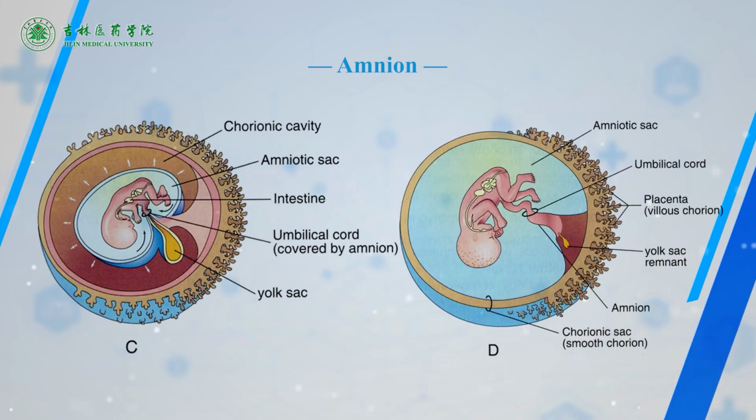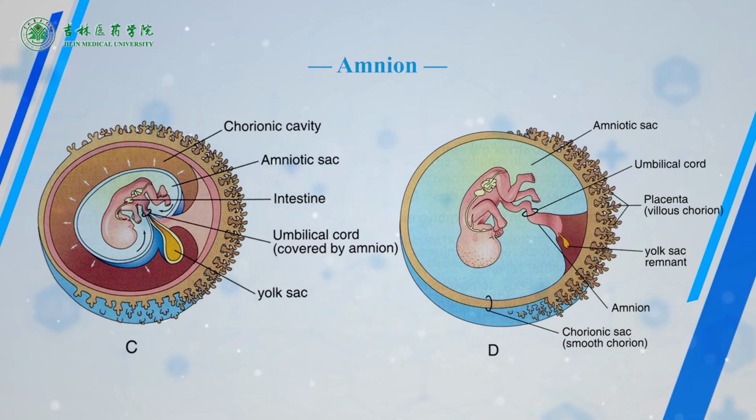Amnion. The amnion is a semi-transparent membrane which consists of a layer of amniotic epithelium and a small amount of extraembryonic mesoderm without blood vessels. The amniotic cavity is filled with amniotic fluid, and the embryo is immersed in amniotic fluid.